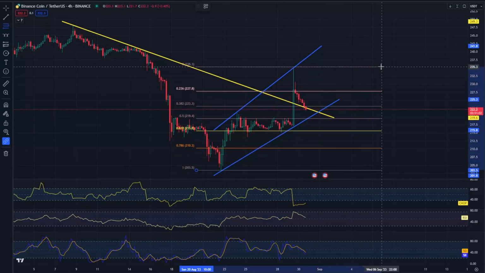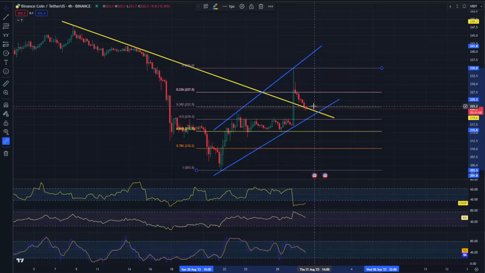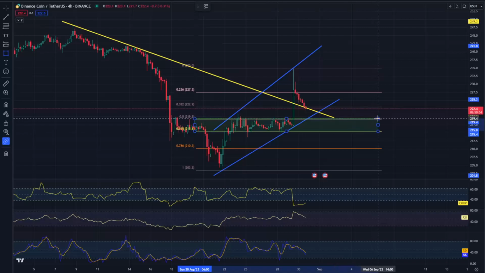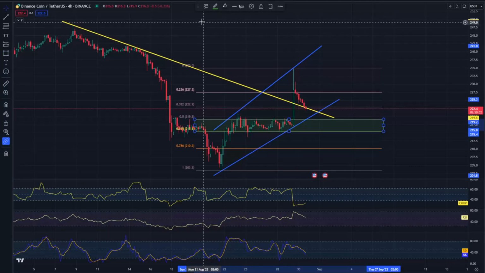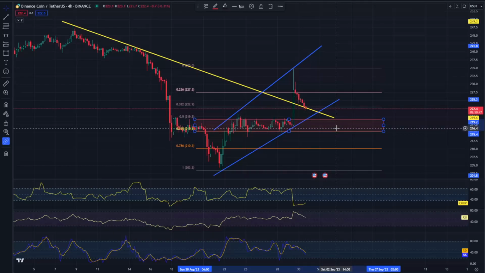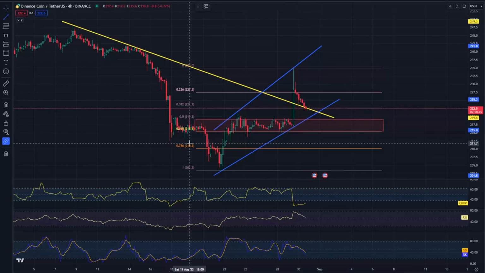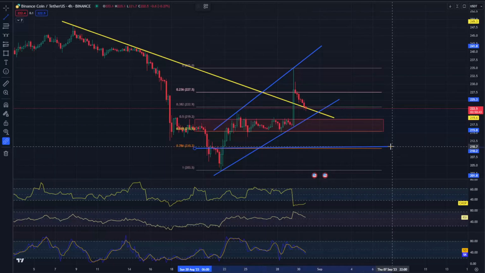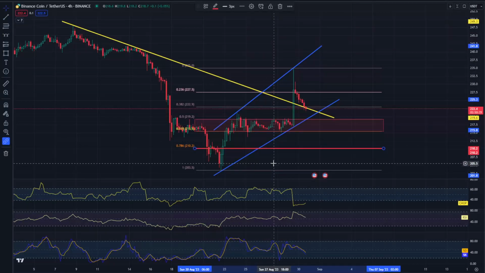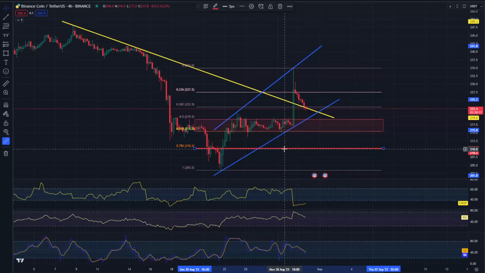After unfolding the fib retracement grid, we can mark the support zone from $219 to $215. When this zone is broken, there is support at $210. And then we have support at $203.